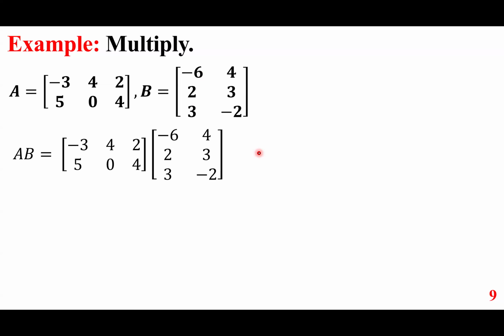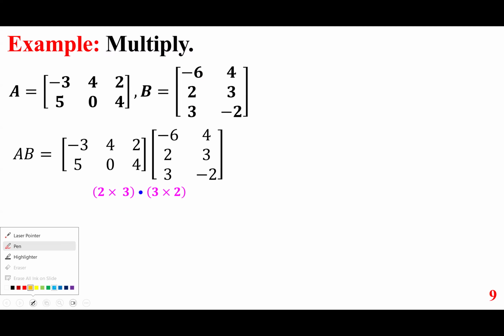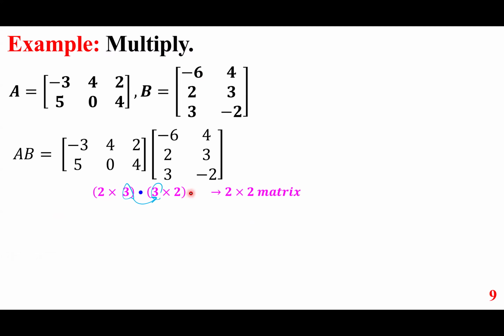So we have 2 by 3 times 3 by 2. Does it work? Yes. These two must be identical. They are. So what is the resulting matrix? 2 by 2. So first, write the size. So the resulting matrix is the 2 by 2.